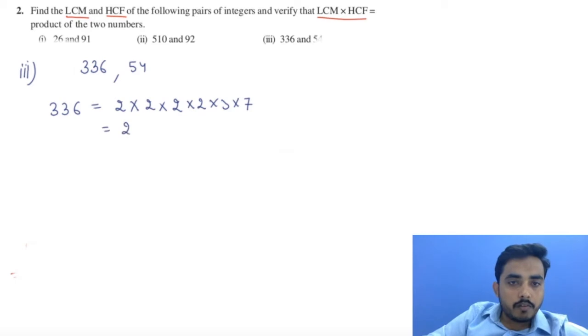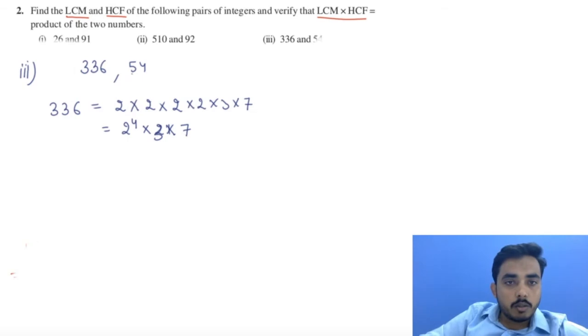This is 2 power 4, 16 into 3 into 7, where 21 is 3 into 7. So this is 336.